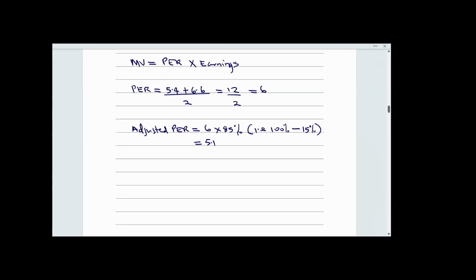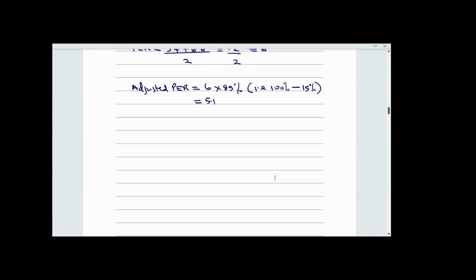But before we move to the earnings, you need to state your assumption.